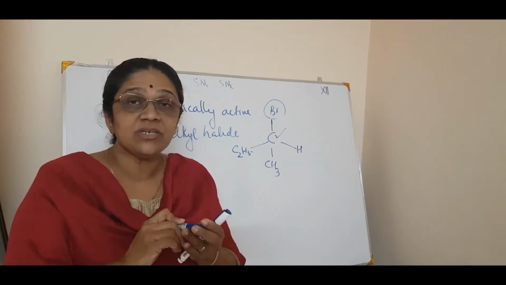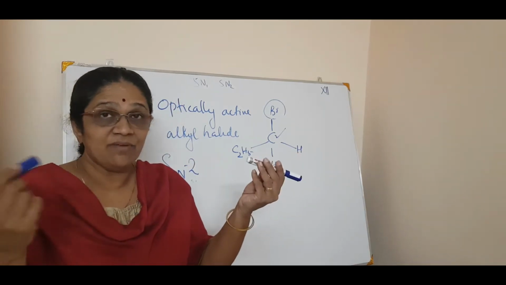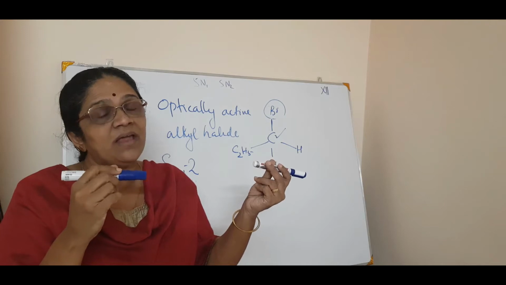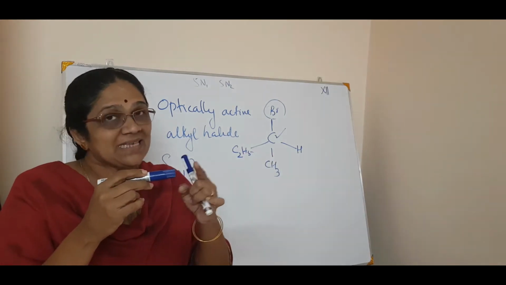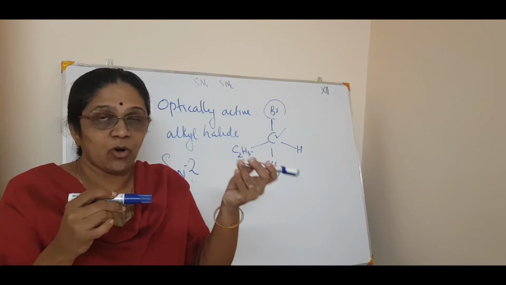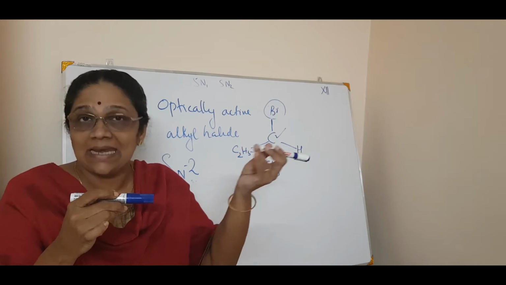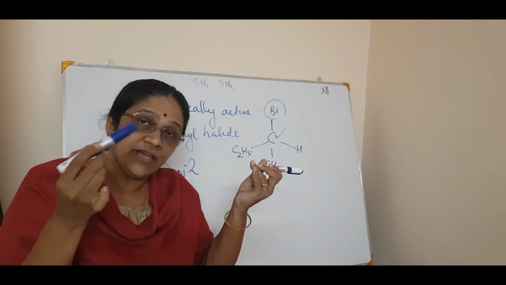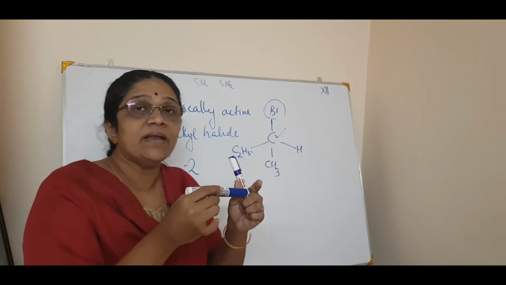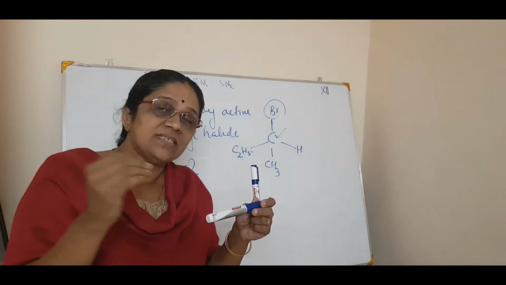What do you mean by inversion of configuration? I have told you. It means the nucleophile comes from the opposite direction and the bond forms exactly on the opposite side of the halogen atom, thereby kicking out the halogen atom as a halide ion and forming a new bond between the carbon and the nucleophile. For example, if it is OH minus, the C-OH bond.